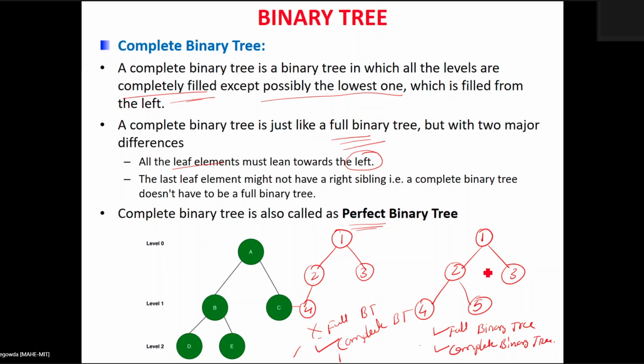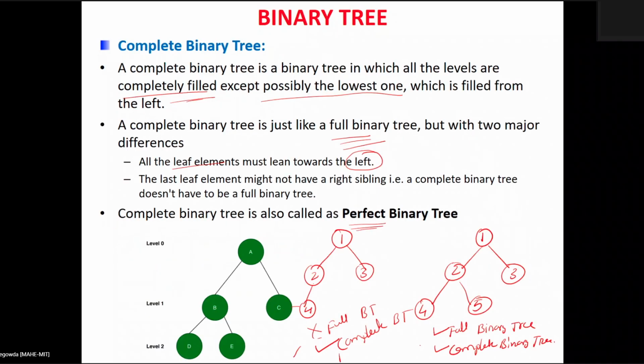All the internal nodes should have 2 children, and yes, it has that. A complete binary tree says that if there is only one child for any internal node, it should be the left child. But we are not coming across that kind of situation here. So it is an example for both the full binary tree and the complete binary tree.